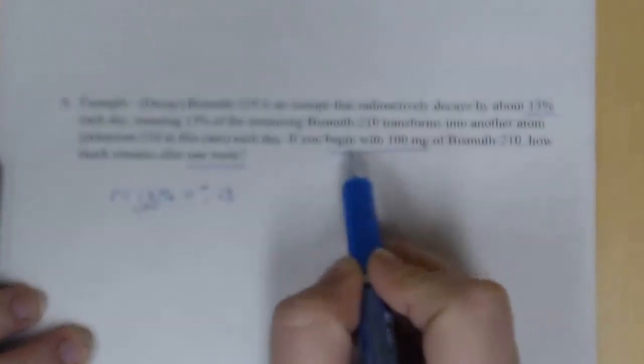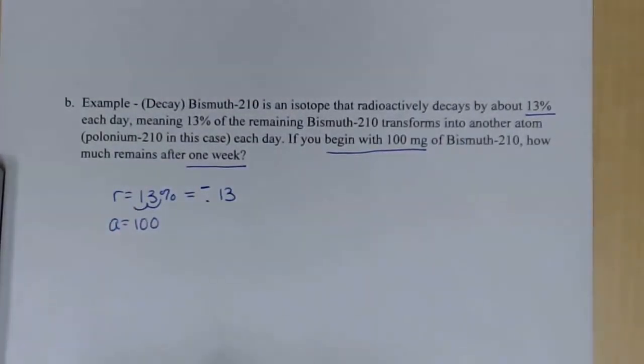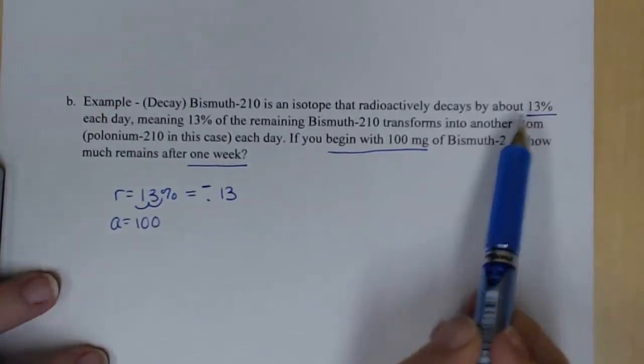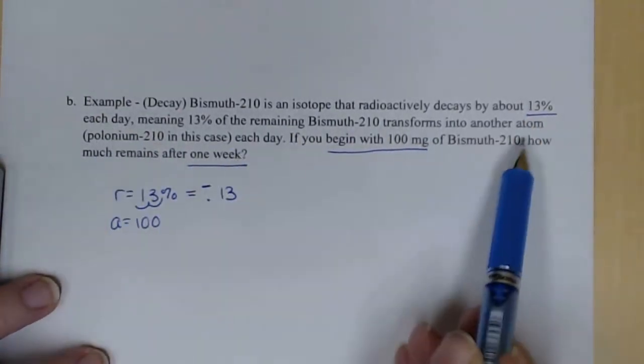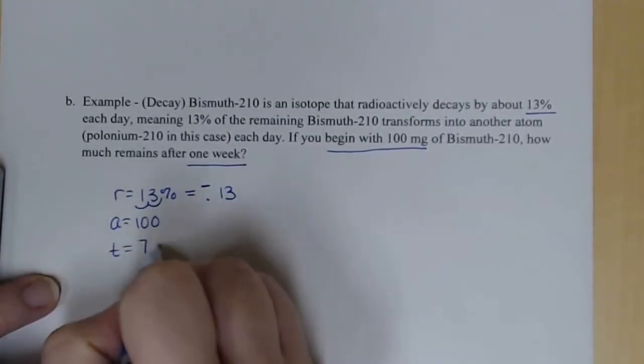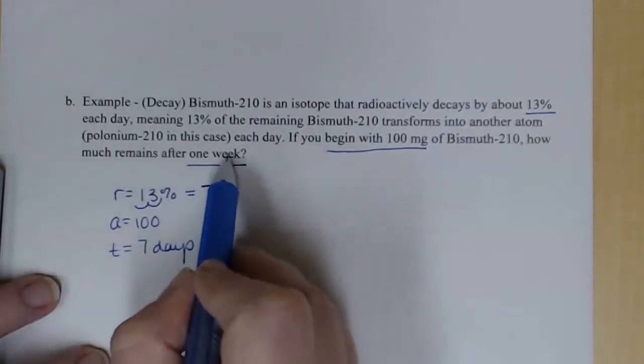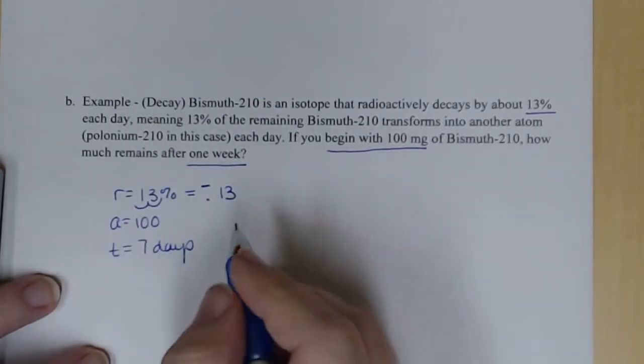I'm beginning with 100 milligrams, so my a is going to be 100. And then it says it's decreasing by 13% each day. How much is it after 1 week? So we need to be in the same unit. So our time is going to be 7 days because that's how it's decreasing, by days. So instead of 1 week, we're going to call it 7 days.